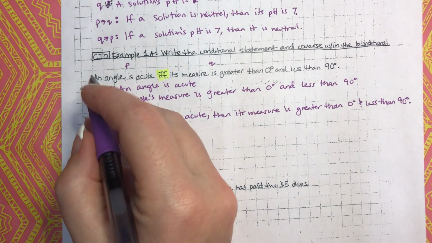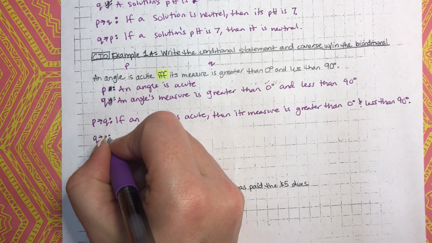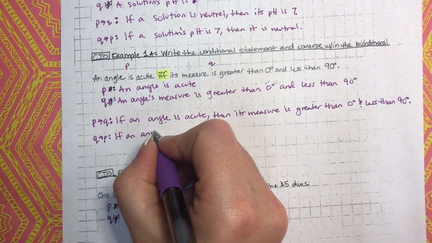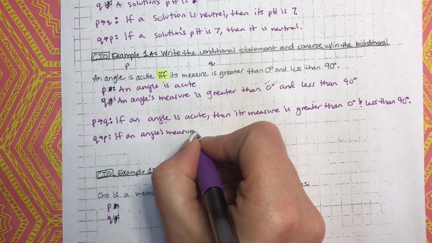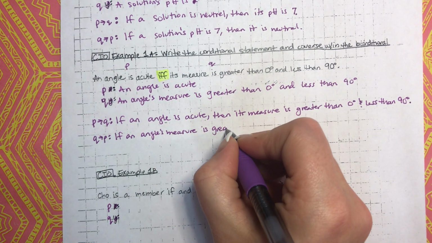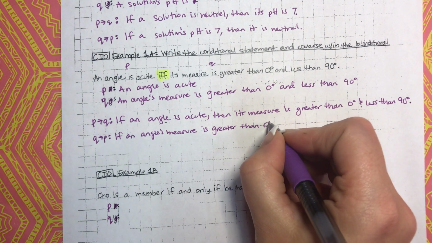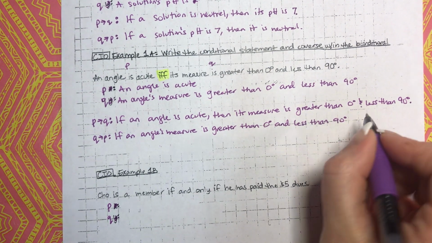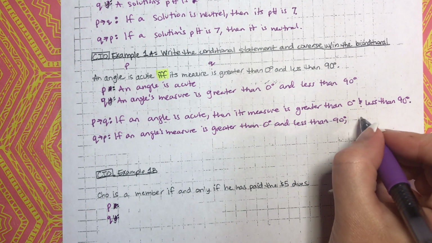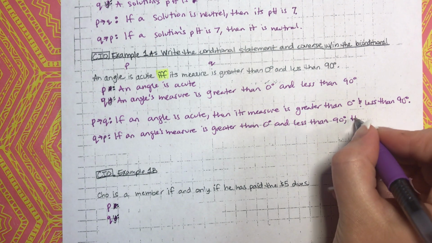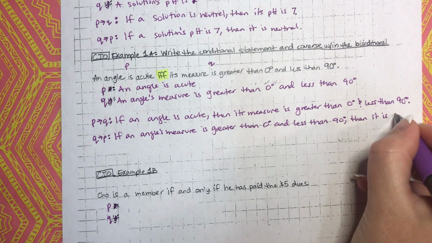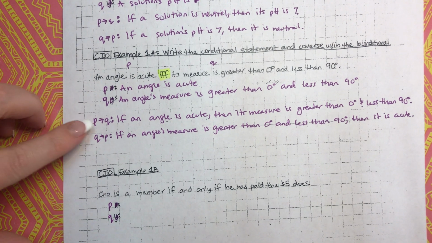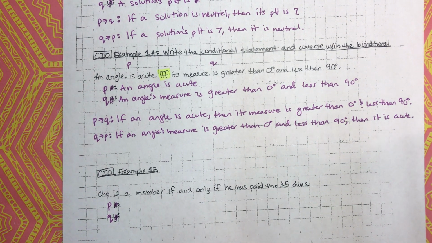And then the converse, which would be Q to P. If an angle's measure is greater than 0 degrees and less than 90 degrees, then it is acute. So if you defined your terms, your P and your Q, and got the conditional and the converse correct, great job.